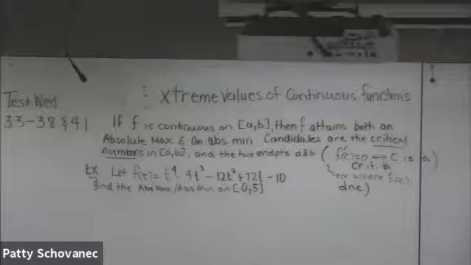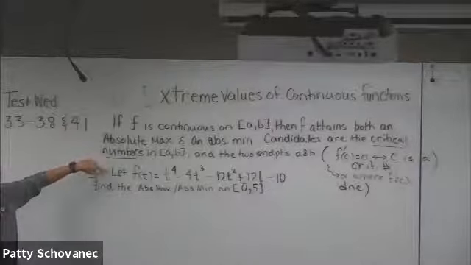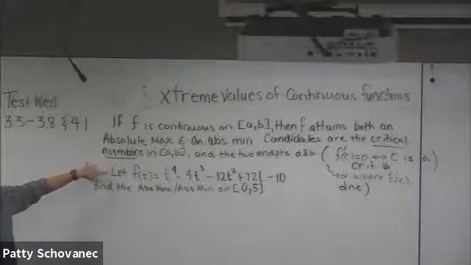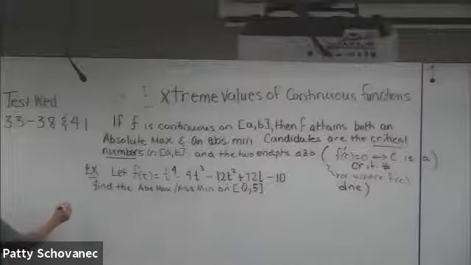Okay, so we recognize that it's a polynomial, so we know it's going to be in our category of continuous functions. So all we can do is see if we can take the derivative of that and factor it. If not, I'll just make more adjustments to it. But I think we can. So here we go. Here's the derivative.